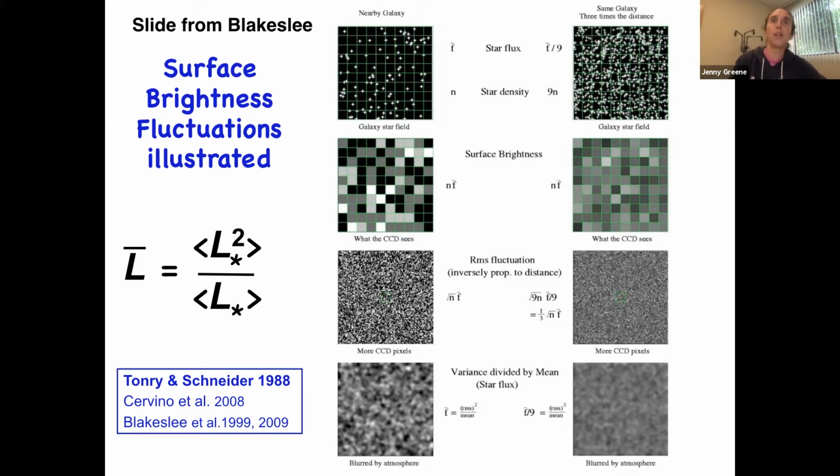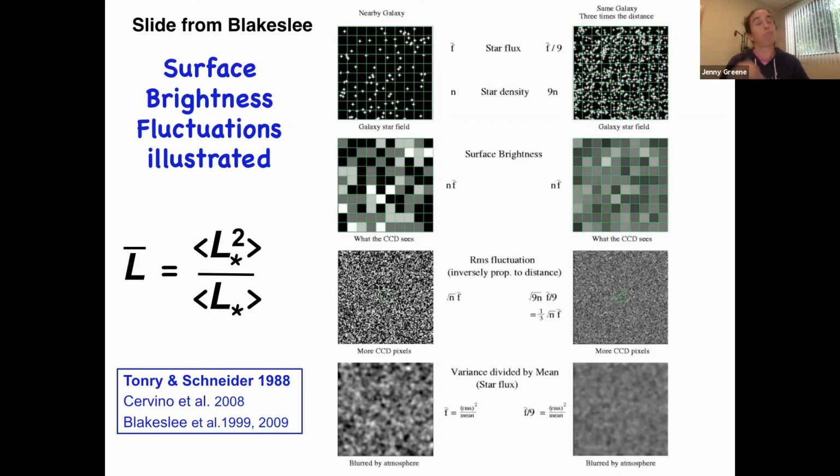And so if you can measure, and you can see in the bottom panel here, this is the SBF, this is actual variations, pixel to pixel, in the RMS around the mean number of stars. And the power in those fluctuations scales with the distance. That is how surface brightness fluctuations work.